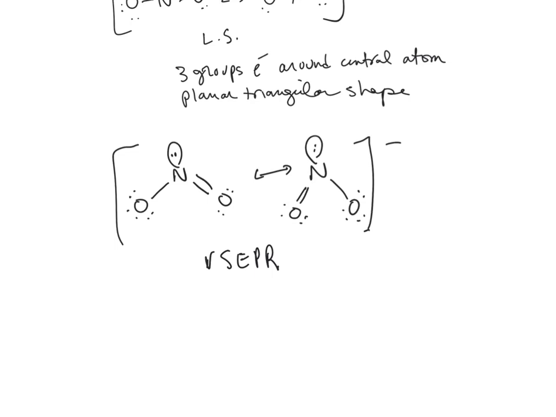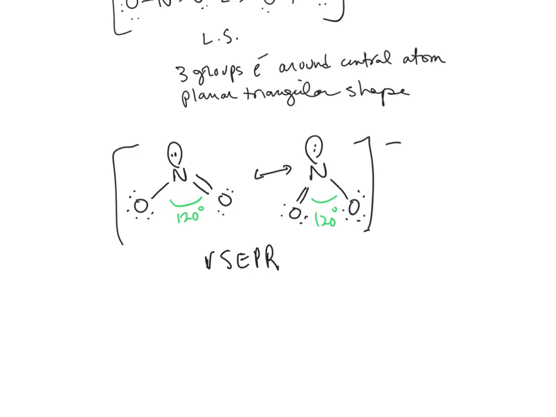So the bond angle is going to be a little bit less than 120 degrees. For the case of the planar triangular, I will accept 120 degrees. Don't worry, it is less than that. You could put the less in there if you wanted to, but 120 works for me.